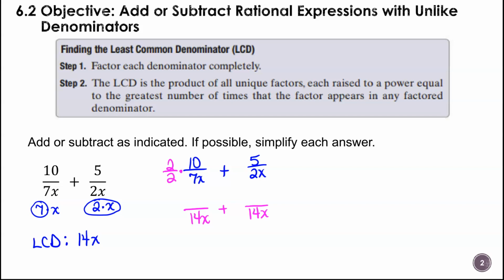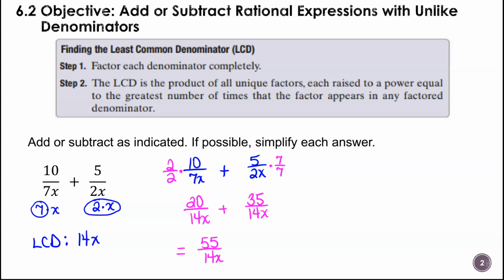I have to multiply by 1, so I'm not changing the meaning, I'm just writing an equivalent fraction. That gives me 20 over 14x. On the other one, I multiply by 7, so that's 35 over 14x. Then I add the numerators, the 20 and the 35, so that's 55 over 14x.